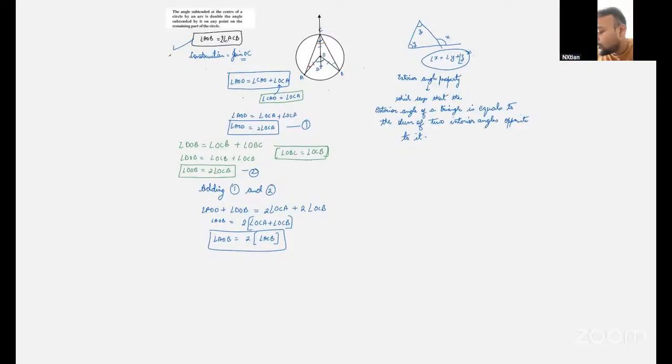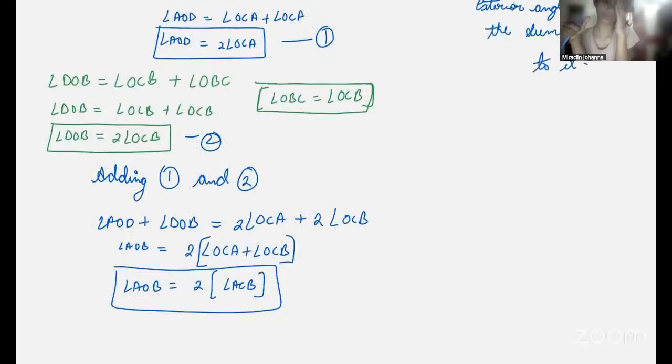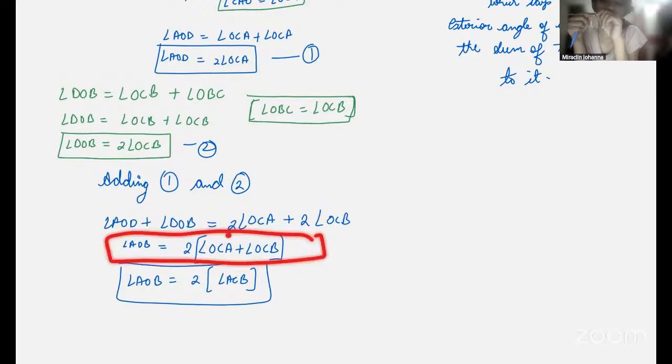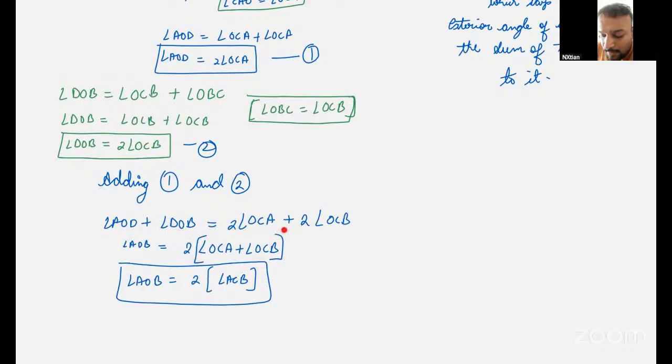Everyone got it? Sir, can you give us some time to write this down? Yes, I will give time. I got confused in the last part: AOB equals 2 ACB. See, from this I take out 2 as common. Now 2 is outside, so what will remain behind? Only OCA. So I wrote OCA.